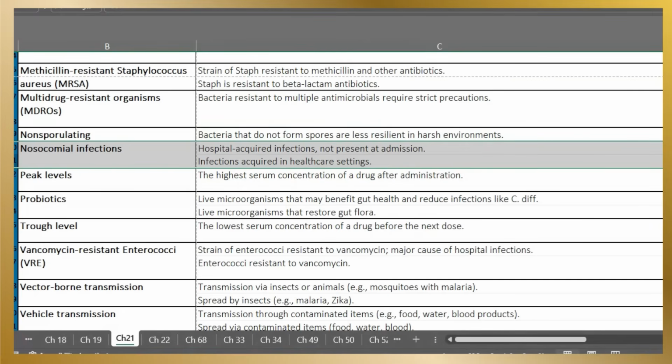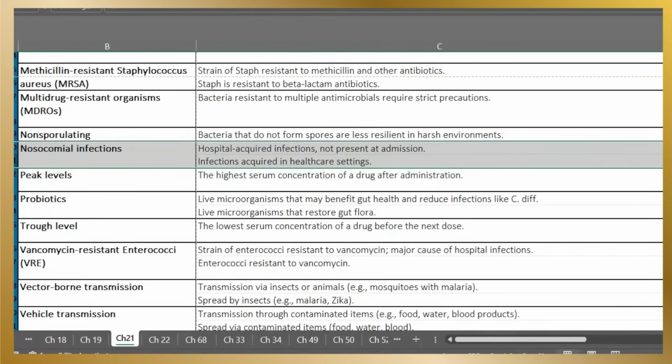Nosocomial infection, it's a hospital-acquired infection not present at admission, an infection acquired in healthcare settings. So it's a hospital harm, it's a nosocomial infection.